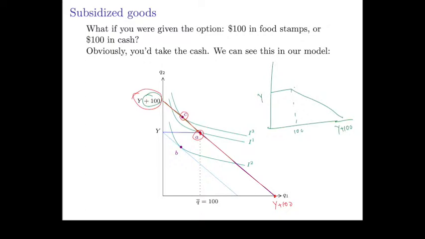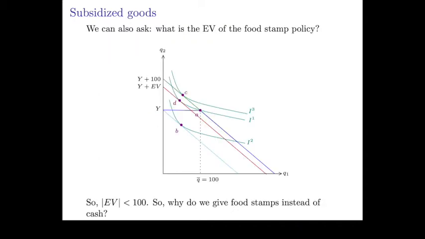Since you're better off receiving $100 in cash than $100 in food stamps, we might wonder what the equivalent variation is for the $100 in food stamps. What is the equivalent if we gave you EV dollars in cash instead of $100 in cash? Your budget line would be this one.